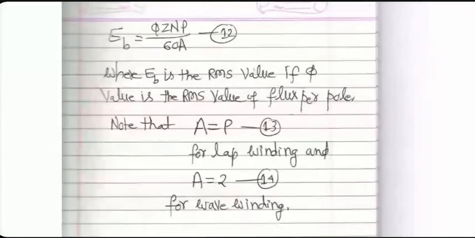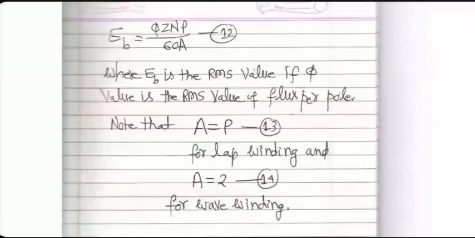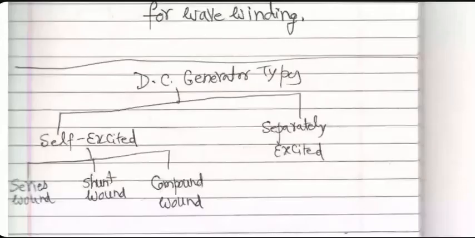You will be given phi, you will be given Z, you will be given capital N, you will be given P. You will also be told that the nature of winding is either wave winding or lap winding. So for the number of paths, we will use these equations straight away.